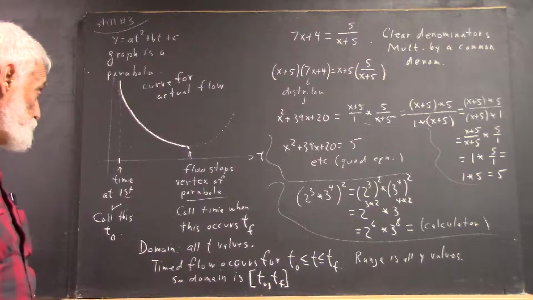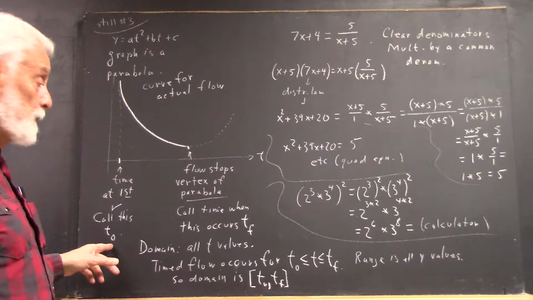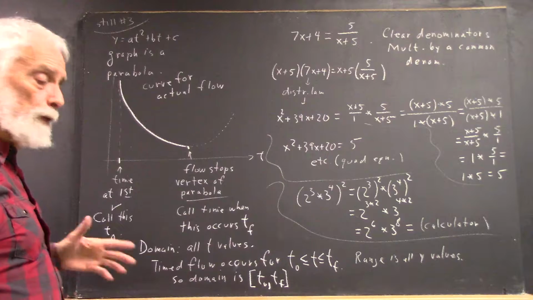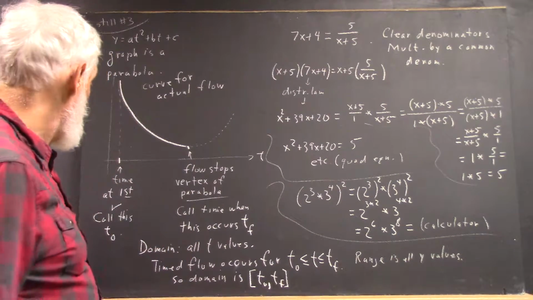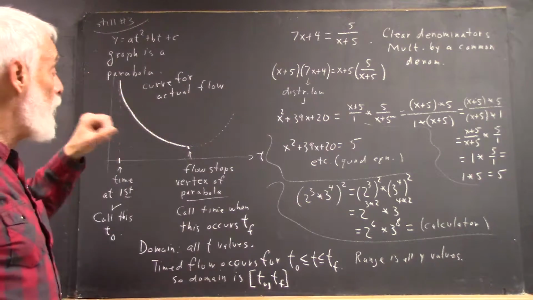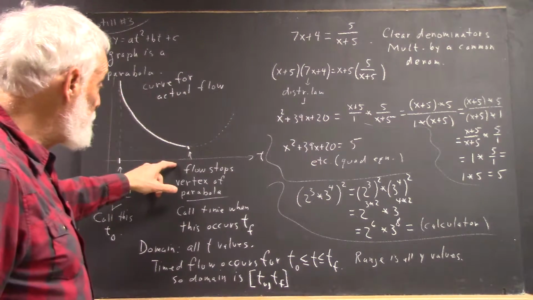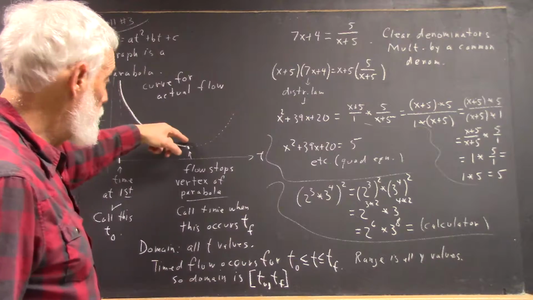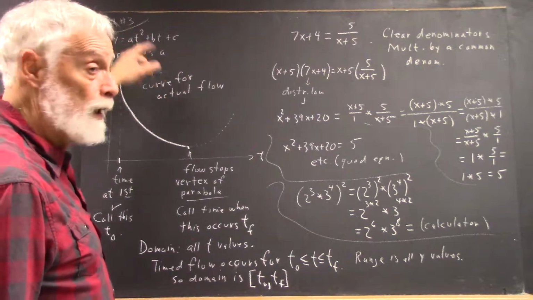So this T0 will be different for different people, but for your observation, this is where the actual graph of the flow starts, and it stops at the vertex of a parabola, at least according to the model.